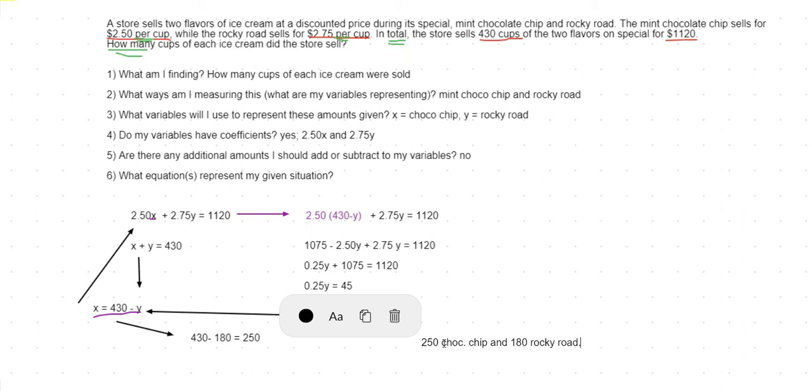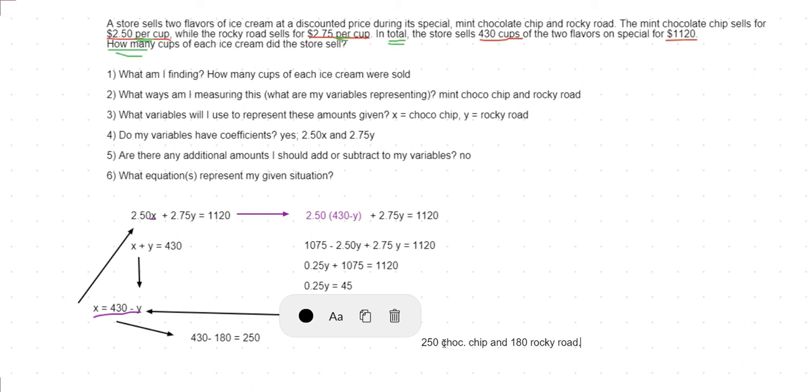And if we were to plug these back in to double check our answer, 250 plus 180 is in fact 430. And if I were to take 250 and times that by, well, I guess in this case it is actually 250.